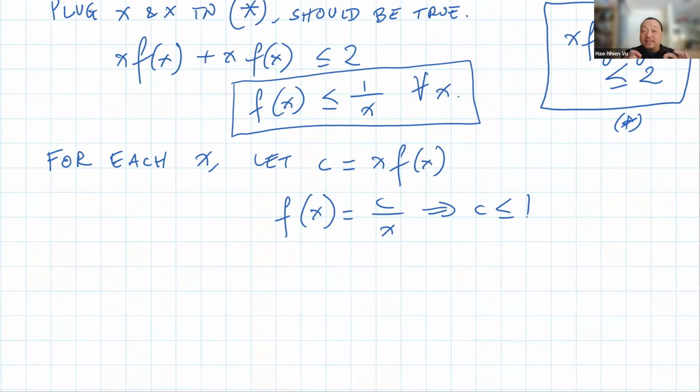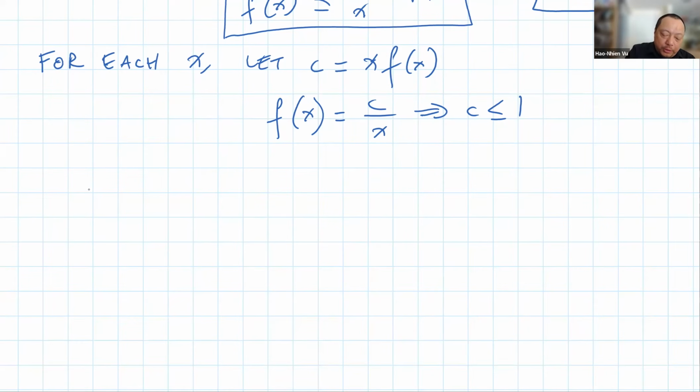By the way, this c is not unique for all x's. It's a different c for each different x. So I'm not even saying that fx is of this form for all x's yet. Not yet. It's just one c at a time. So in your head, you might think in terms of a c naught and an x naught or something. It's a different c for each x.